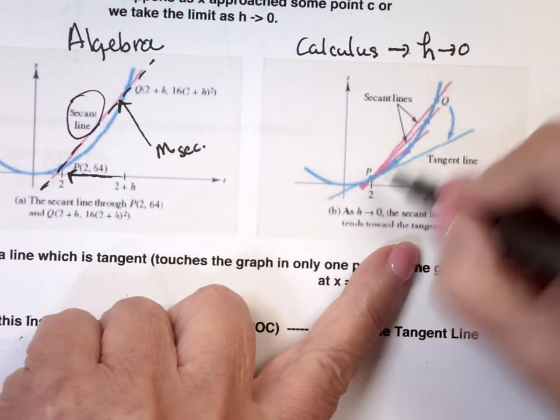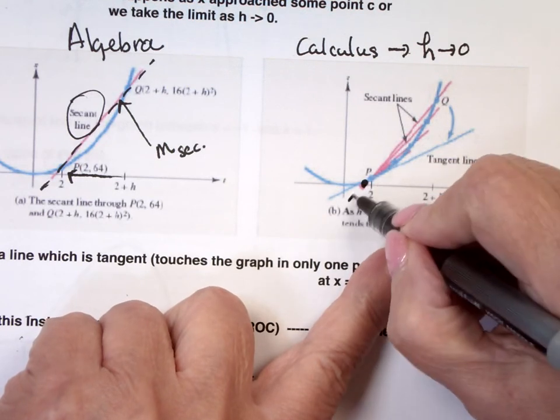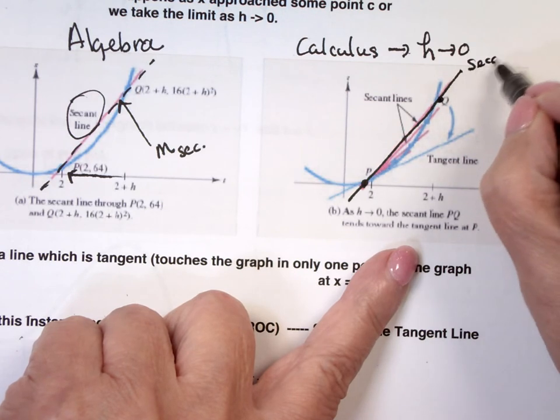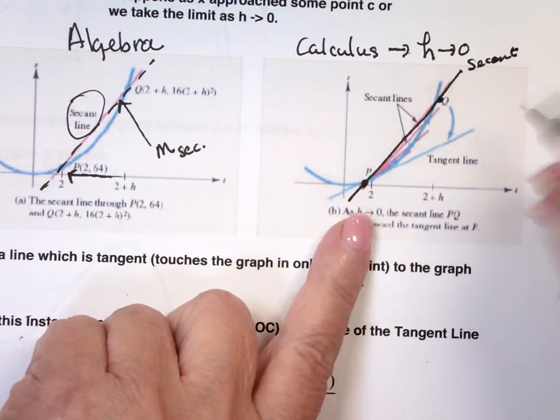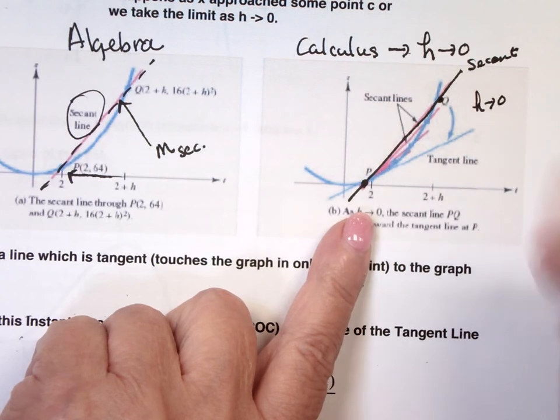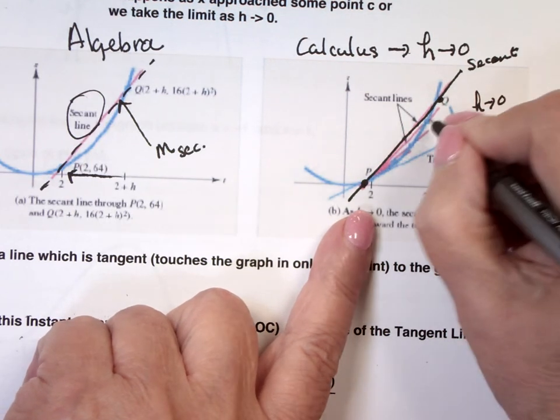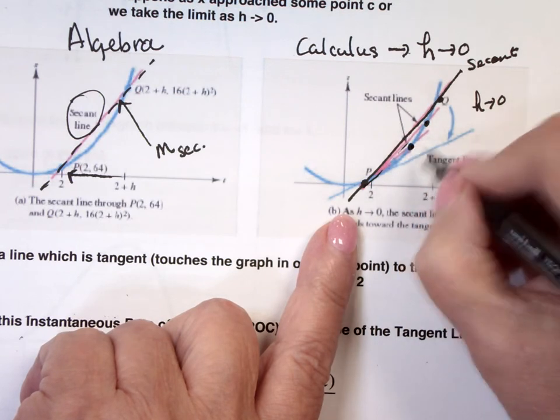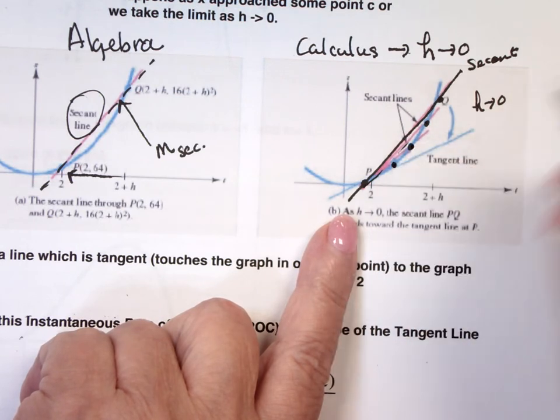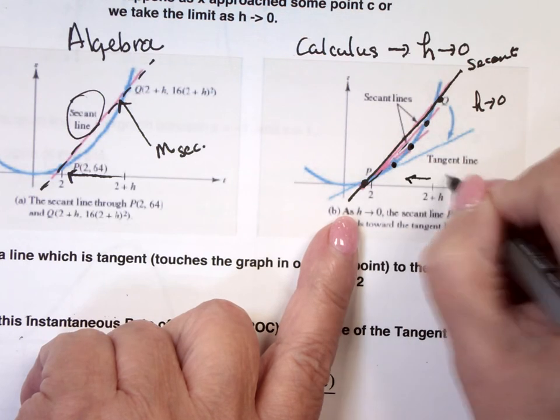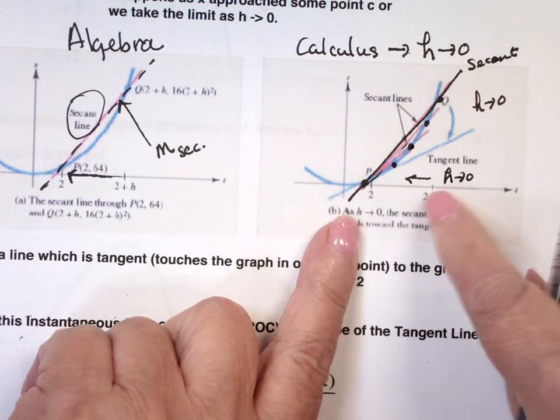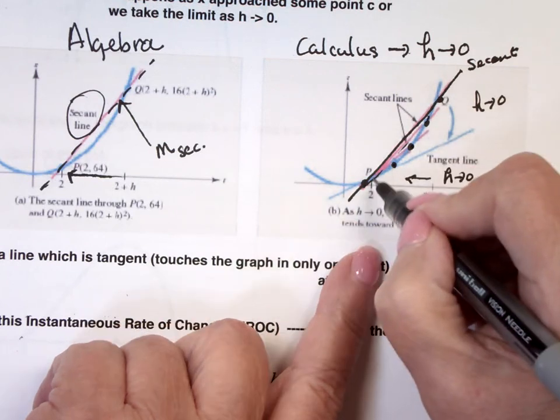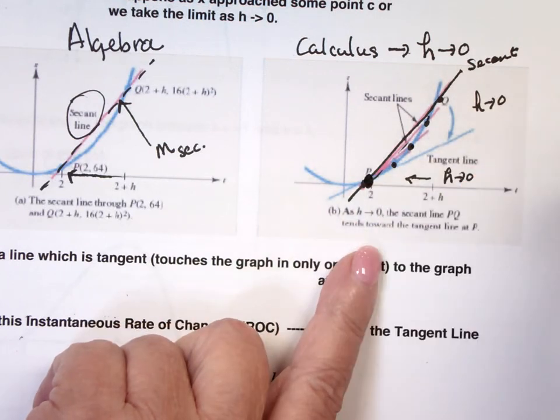So what happens is this. I start out with the secant. And as h goes to 0, I'm moving down along, and I'm pulling secants down along this graph. Because h is going to 0, this line is moving down till we're at a single point.